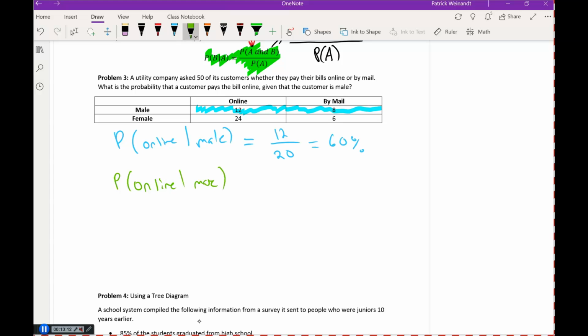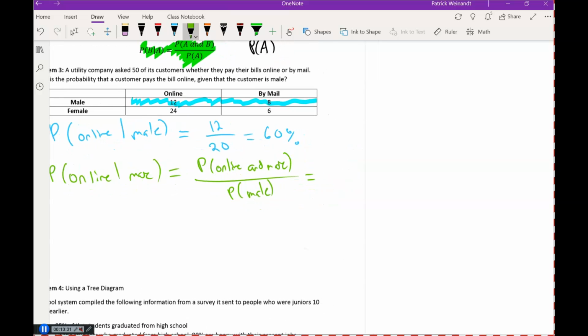Well, we know that that should be the same as the probability of online and male over the probability of A, well, the probability that they're male. We should get 60%. We'll see if we do.